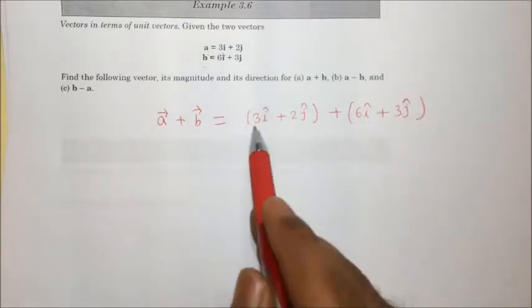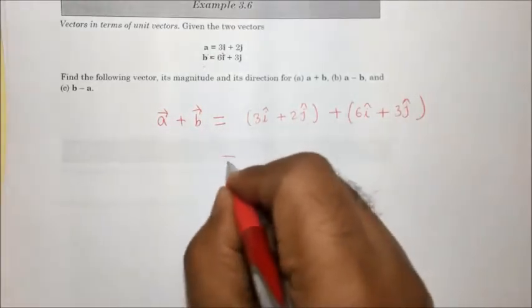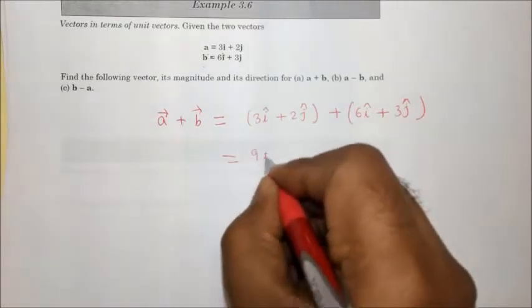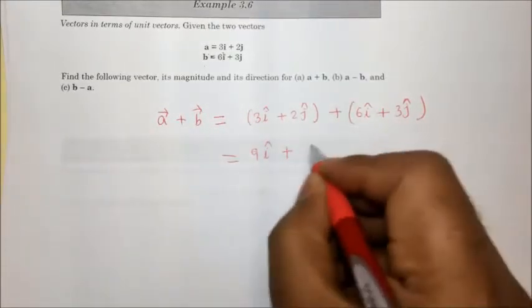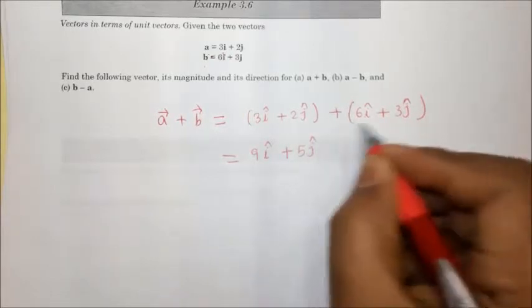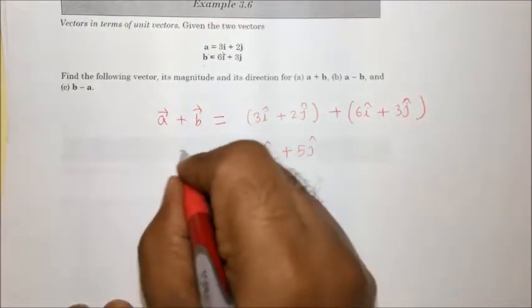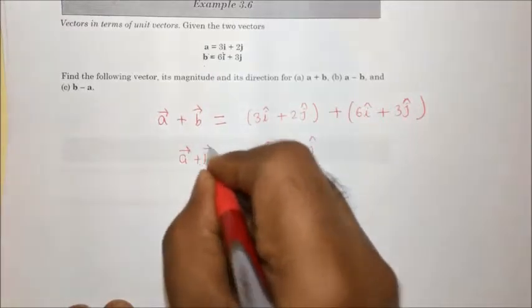X components will add together, so it is 9i cap plus 2 plus 3 is 5j cap. So vector A plus vector B.